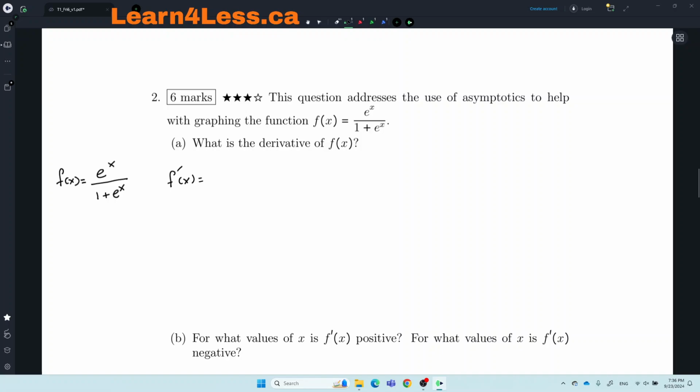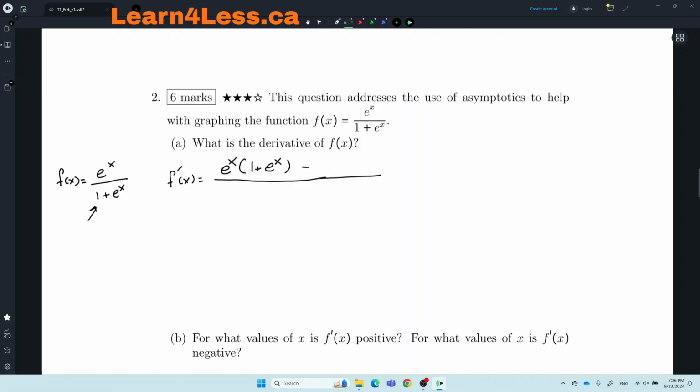f prime of x is equal to, okay, we have a fraction, so the quotient rule should be the first thing that comes to mind. What is the quotient rule? Take the derivative of the top, which is the derivative of e to the x, which is e to the x, times the bottom without changing the bottom, minus the derivative of the denominator.